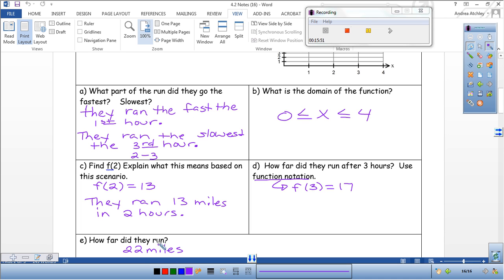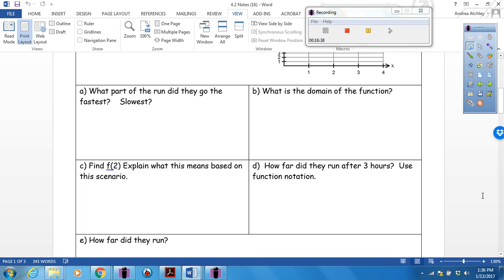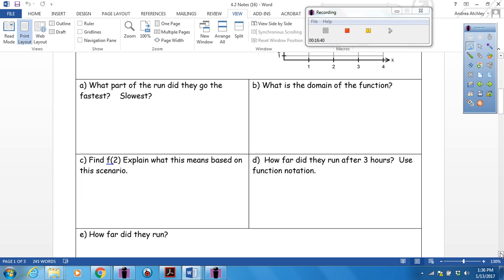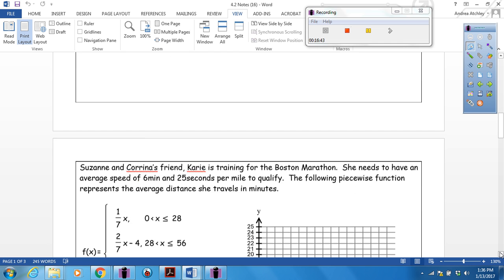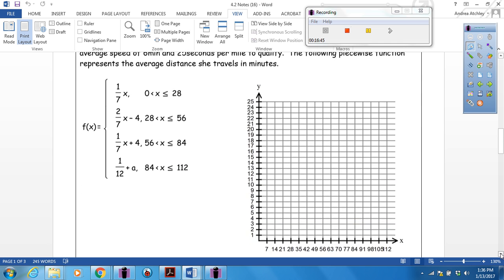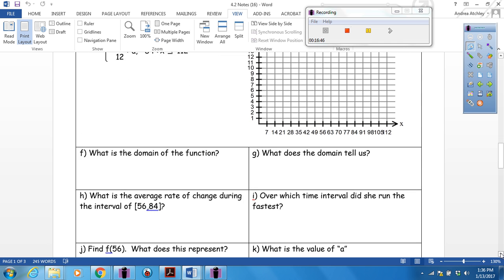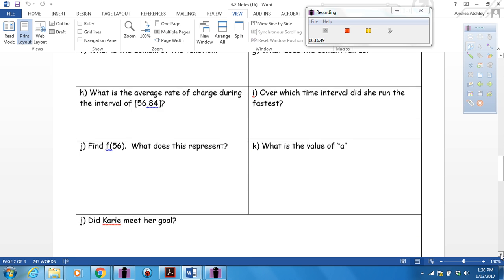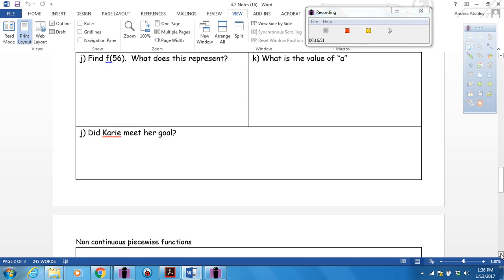So it's doable. But do you want to run for 4 hours? That's the key. Okay, we're going to skip the next one. It's a really good problem, but I want to make sure you guys can do all this other stuff, because it's very similar to the one we just did.